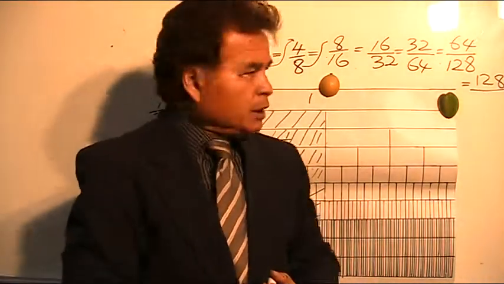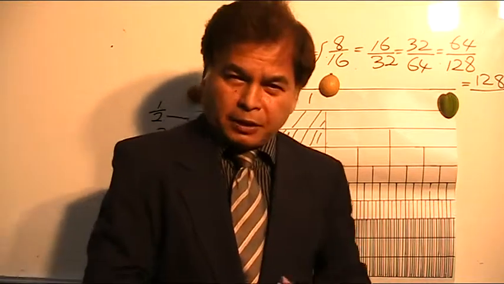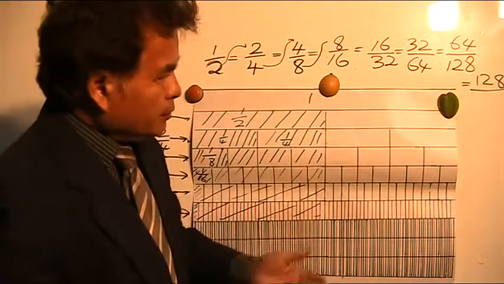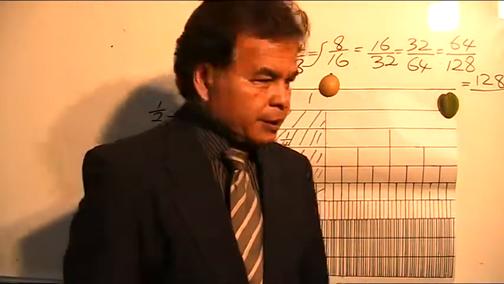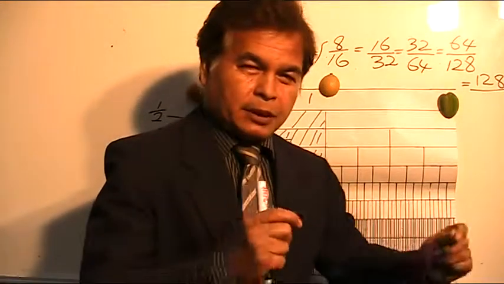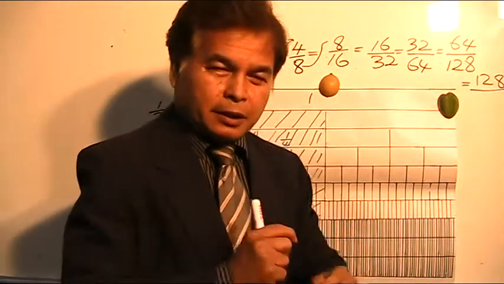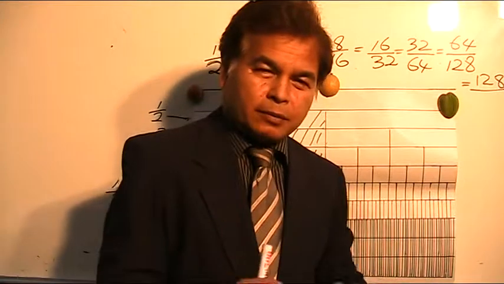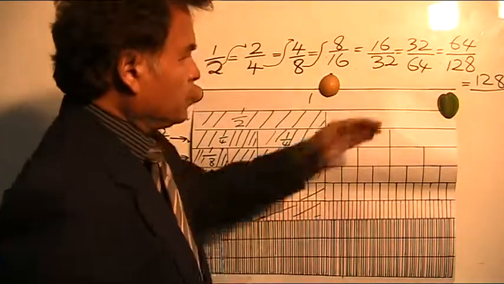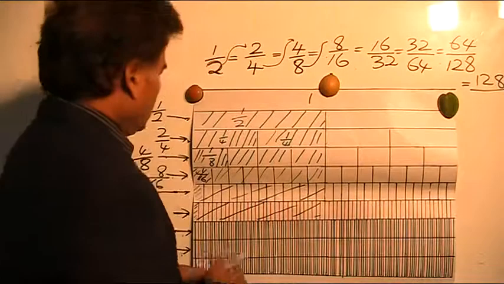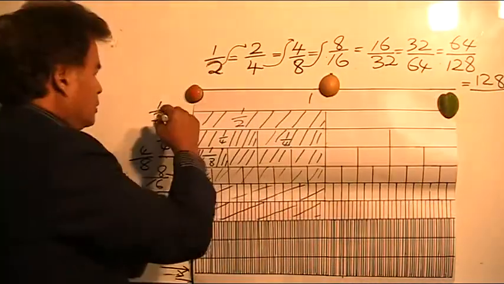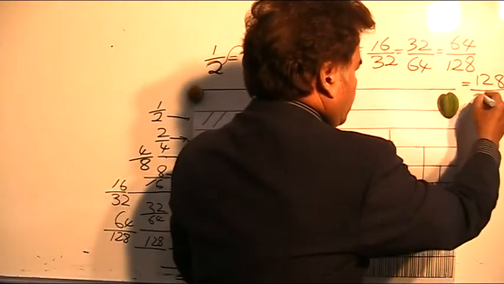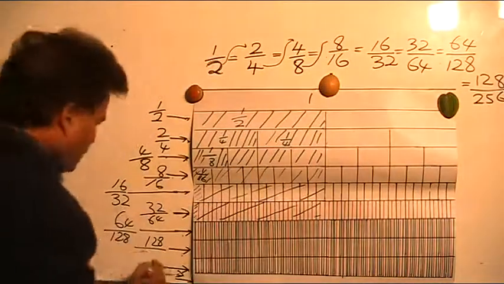Saya nampak ada orang yang tak boleh kali. 128 kali dengan 2 pun tak dapat jawapan lagi ya. You have to be fast, alright? Latih. Kalau siapa yang lemah tentang pengiraan ni, berlatih setiap hari tentang kali ya. Darab, bahagi, campur dan tolak ya. To practice this simple calculation, alright? So 128 times by what? Times by 2. 128 times by 2, as we got just now, is what? 256. So 256.